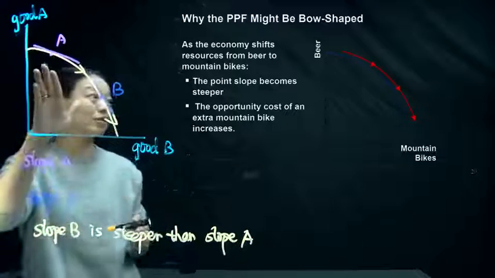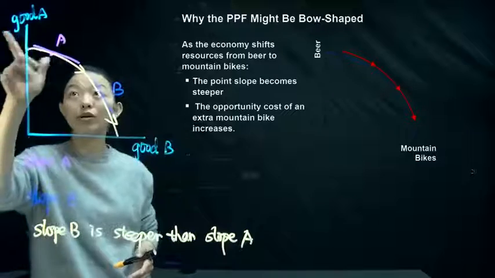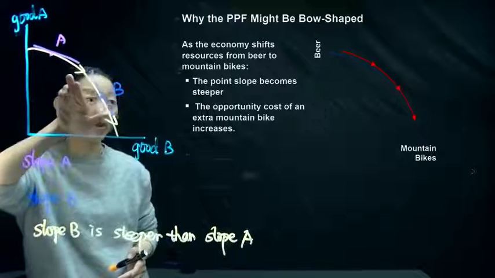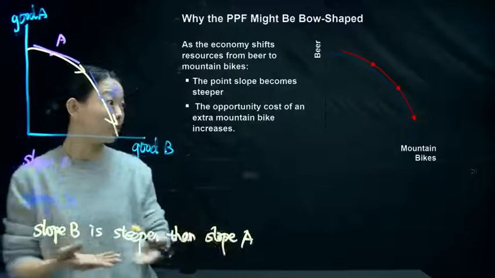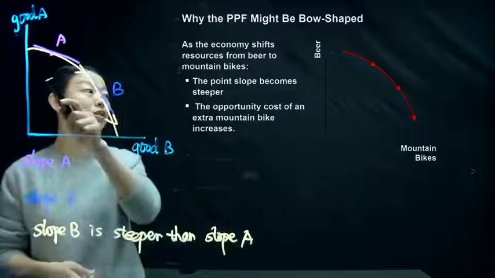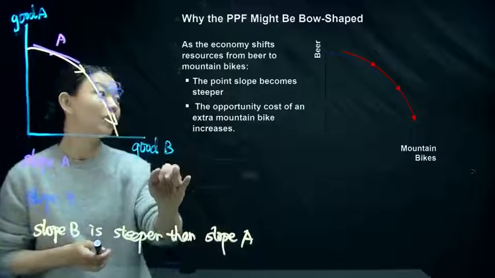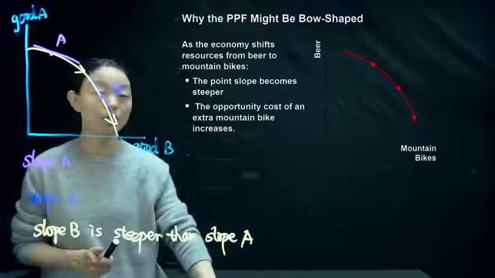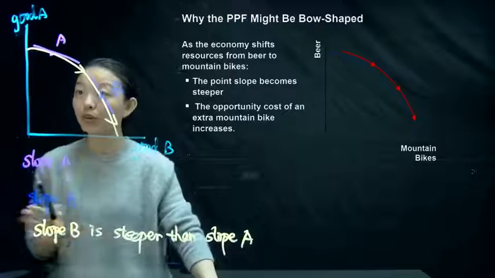As the economy shifts resources from beer to mountain bike, or from good A to good B, we notice the slope becomes steeper, like I just wrote down on the board. Therefore, the opportunity cost of one extra unit of good B increases, and that makes this PPF bow-shaped. Any questions about this part? I hope you can understand.